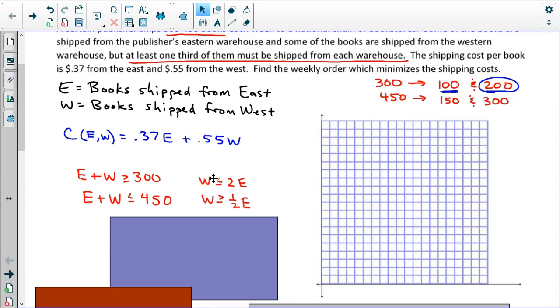I put W over here because W is kind of like our Y variable, so I wanted to write them in an easier format to see, with slope-intercept form.